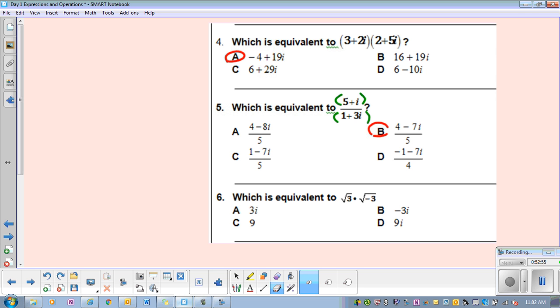Number 6, you could even put into the calculator. Since it's a negative inside a square root, that's an imaginary. And since your A plus BI is turned on, your calculator should be able to recognize that. What do you get for number 6? A? All right, perfect.